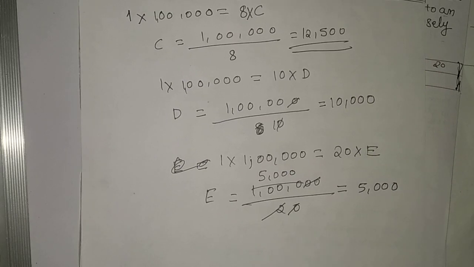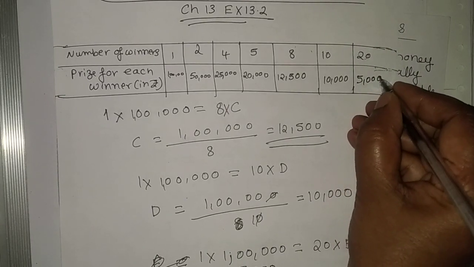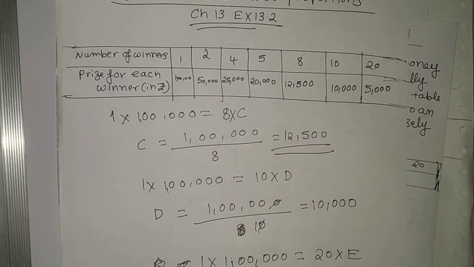So if the number of winners is 20, each winner will get 5,000. So this is the solution.